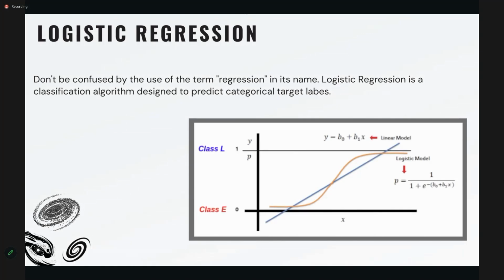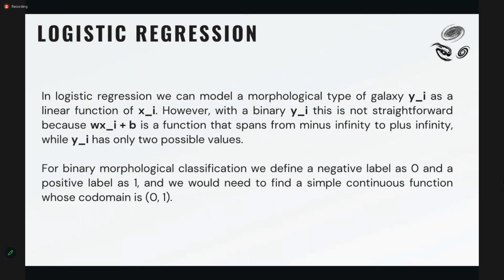Don't be confused if you see regression. It's still classification, and in logistic regression we can model the morphological type of galaxy Y as a linear function of the feature X. However, with a binary Y, this is not straightforward, because this equation is a function that spans from minus infinity to plus infinity, while Y has only two possible values.